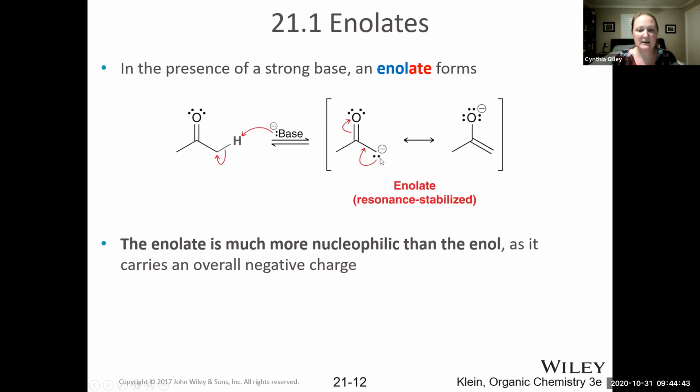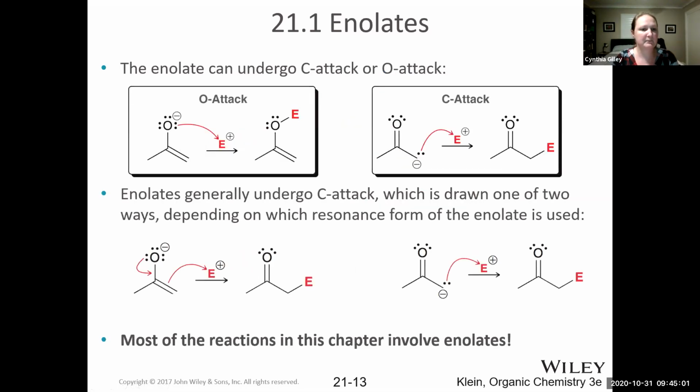It's delocalized between the alpha carbon and the oxygen. Because of the full negative charge, the alpha carbon is more electron rich and a stronger nucleophile than an enol's alpha carbon. So that negative charge, as I mentioned, is delocalized between the oxygen and the alpha carbon.